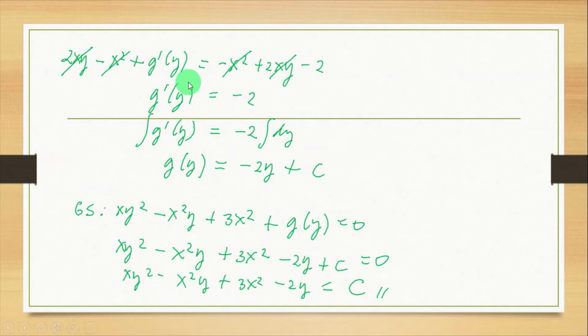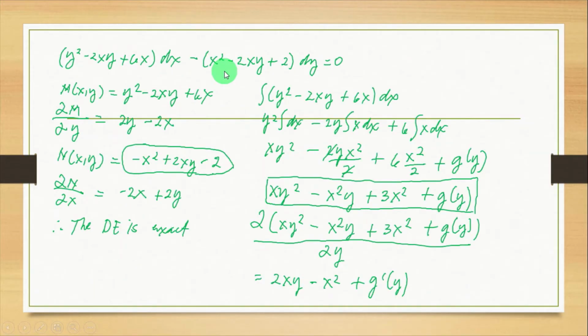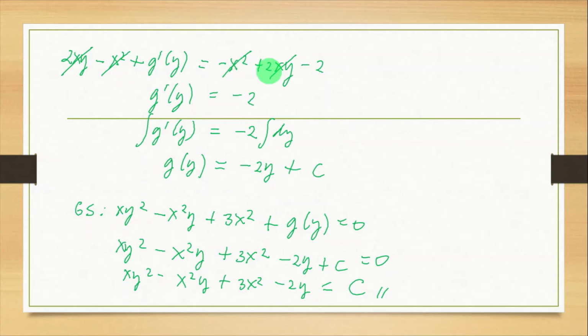If you notice here, you have 2xy minus x squared plus g prime of y is equal to your N of x and y. After distributing negative 1 inside the parentheses, you have negative x squared plus 2xy minus 2. So you cancel out similar terms.